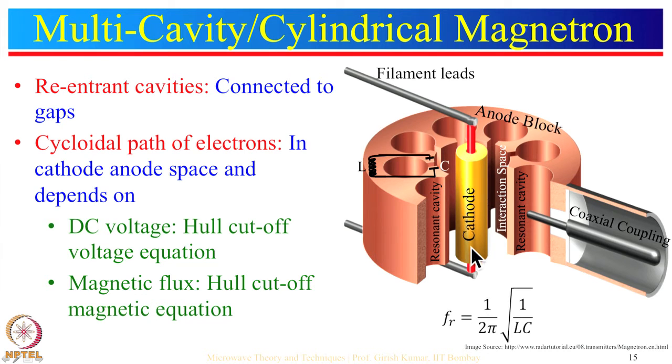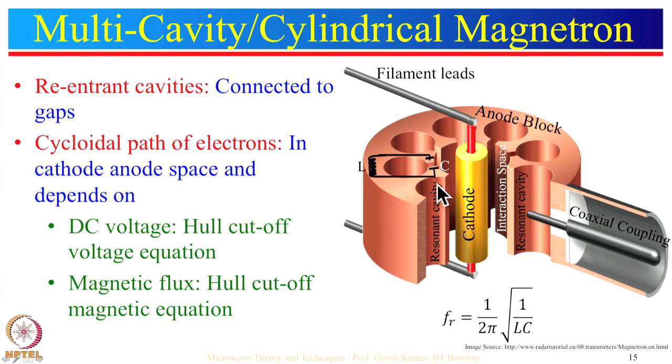The cathode is made up of high emission material so that it can emit electrons when it is heated indirectly. The space between anode and cathode is called the RF interaction space.